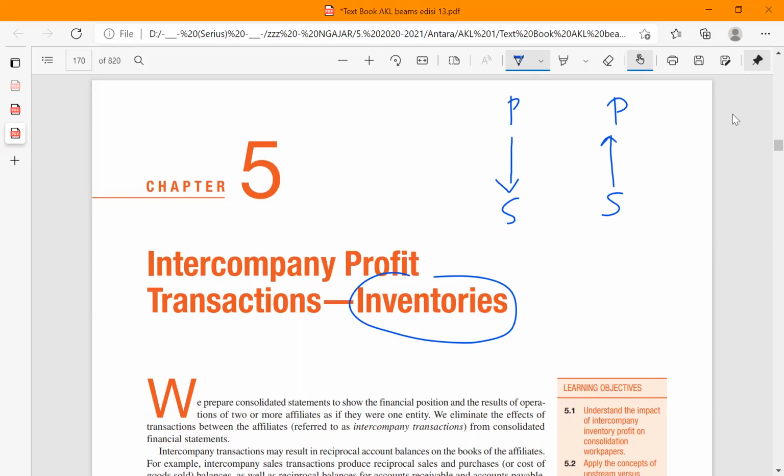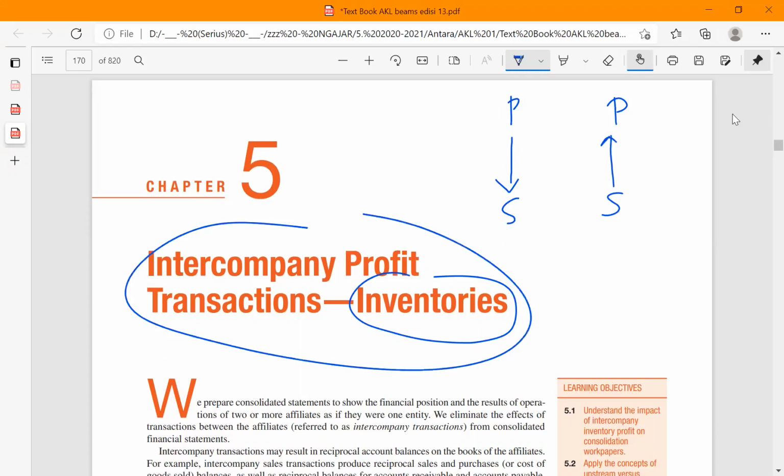And then the core issue here is that when the parent company wants to do a consolidated statement, it must eliminate any transaction related to these things. In the consolidated statement, it must not contain any information that shows that the parent and subsidiary have a transaction related to the inventories.